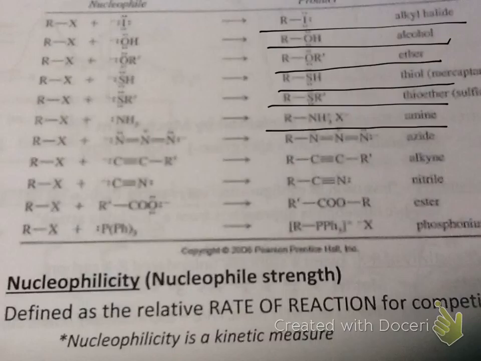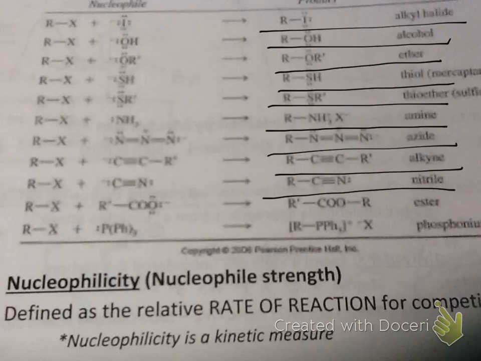We can form amines, and here this is an ammonium ion. If you treat it with base, you can deprotonate and get back to the amine. Azides, alkynes, substituted alkynes, nitriles. Whenever you put a carbon triple bond nitrogen on a ring, that functional group is called a nitrile.